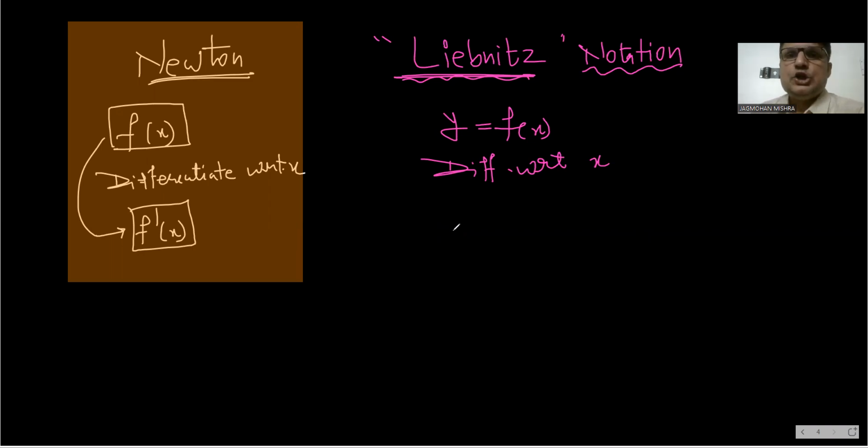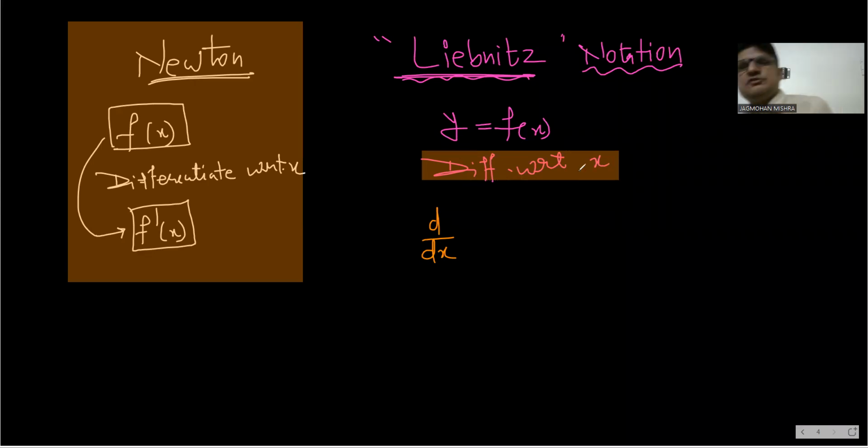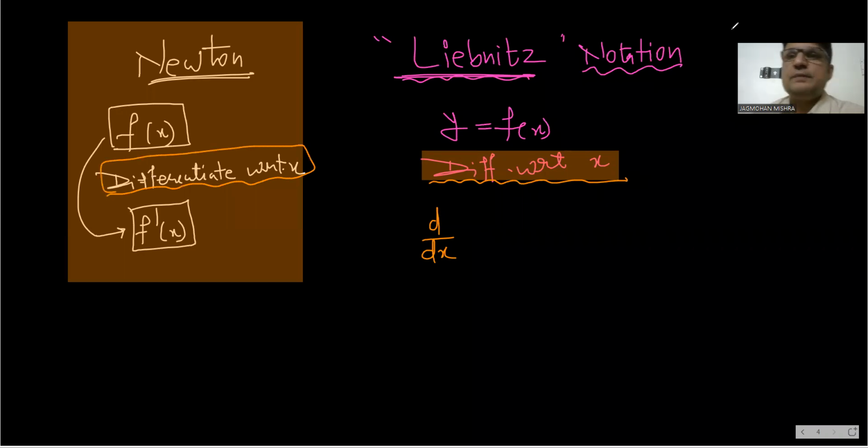It means you will write d by dx on both sides. This particular statement in English, differentiating with respect to x, you can write in notation as d by dx. What does d by dx stand for? It stands for differentiating with respect to x.